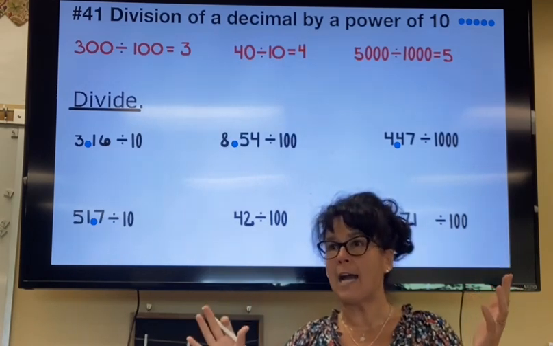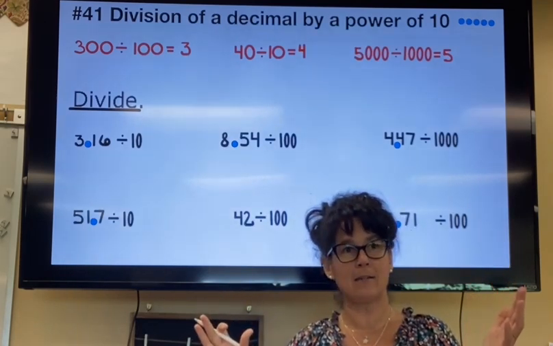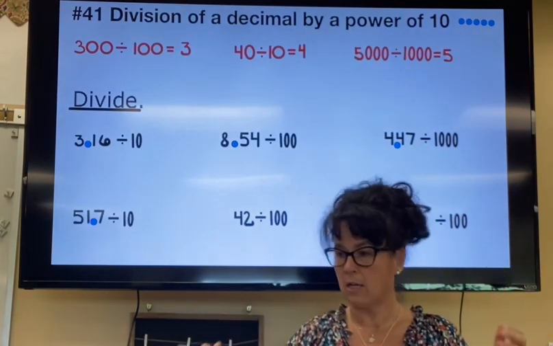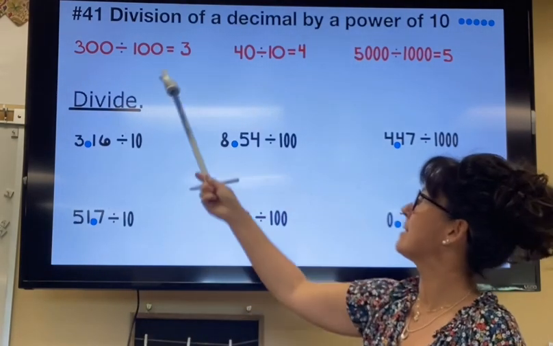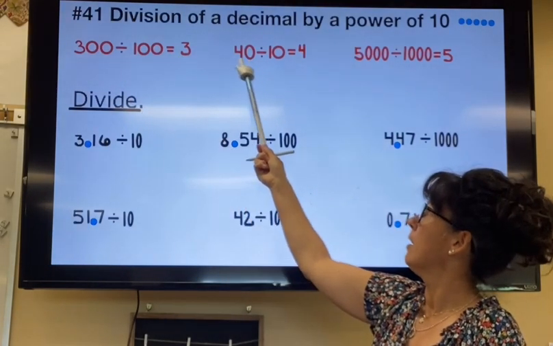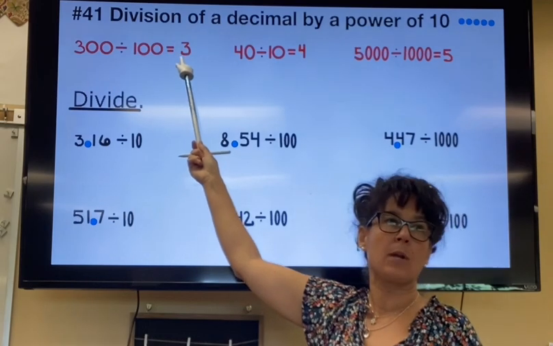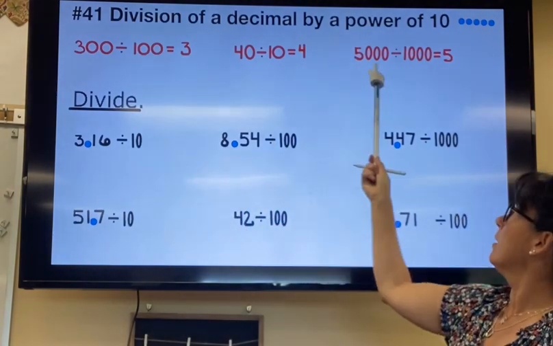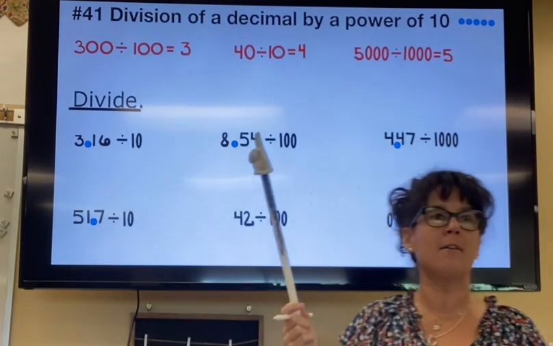If you divide a number by 10, 100, or 1,000, what happens to the size of the number? 300 became 3, 40 became 4, 5,000 became 5, right?